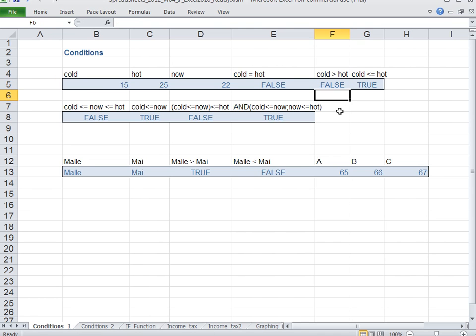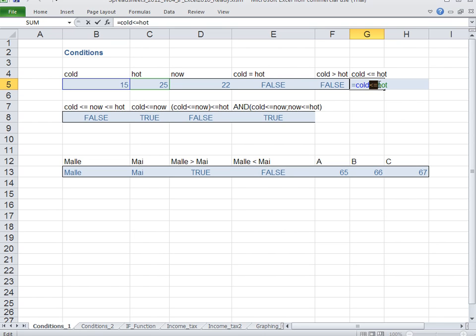The last case would be to make a comparison in which we check whether cold is smaller than or equal to hot. Well, first of all, it is, so the formula will return TRUE this time. But what we also see is that this time we've written smaller than or equal to. Well, cold is strictly smaller than hot, so this would have been true already. But sometimes we need that smaller than or equal to.